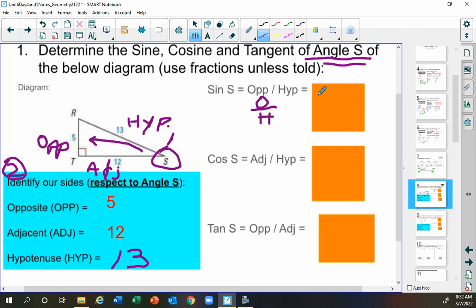So the first part's opposite over hypotenuse. So what's our opposite side? 5. And then what's our hypotenuse? That's all we do for the first one. Opposite 5, hypotenuse 13. That's it.